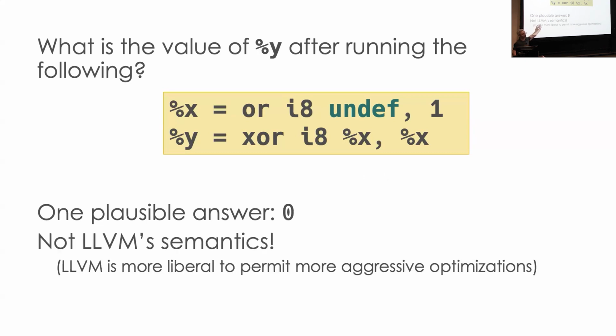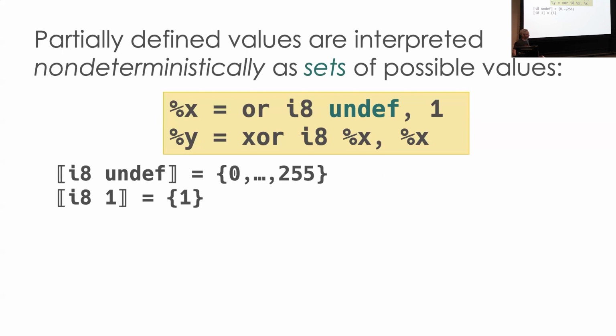But that's actually not LLVM semantics. Undef is treated kind of lazily. In particular, they'll substitute undef for X, or in this case, undef OR 1 for X twice. And if you work out the semantics in that case, here we have a set of possible values for undef. The meaning of the constant 1 is 1.